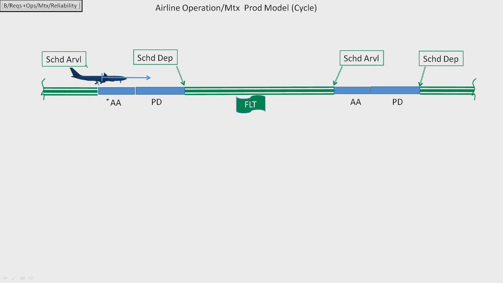Then we have maintenance, after-arrival check, pre-departure check, again scheduled departure. I put 9 o'clock here as an example. Then again flight, scheduled arrival, again 1700 as an example. Then again maintenance, flight, maintenance, flight. That's how we are making our money, and this is the first part of the business.